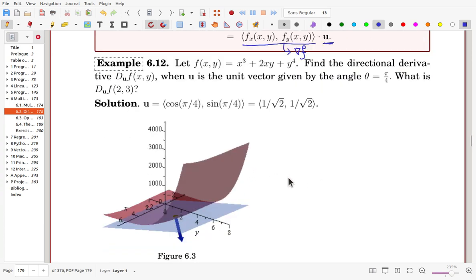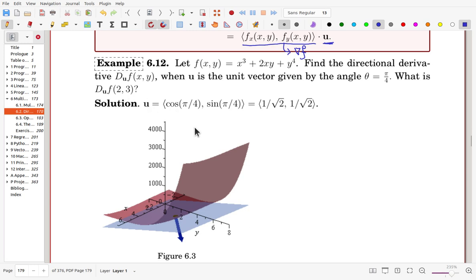Let's see this example. f of x, y is defined in this way. Find the directional derivative D_u f when u is the unit vector given by the angle pi over 4, and what is D_u f at (2, 3).